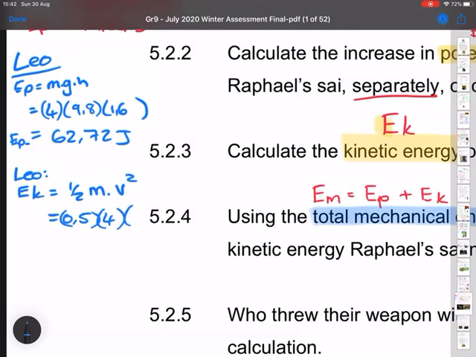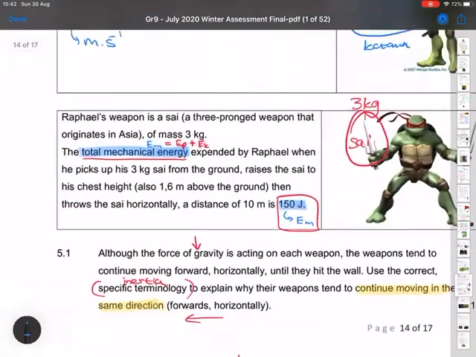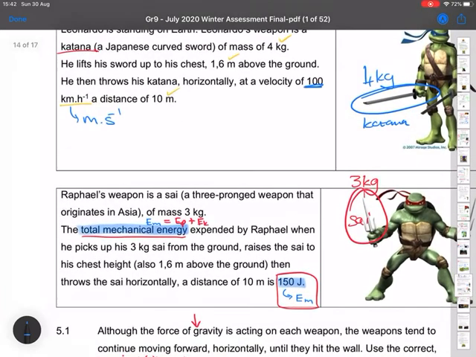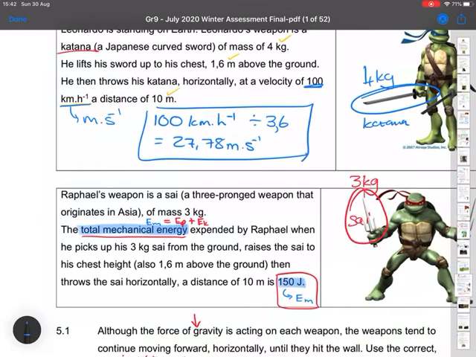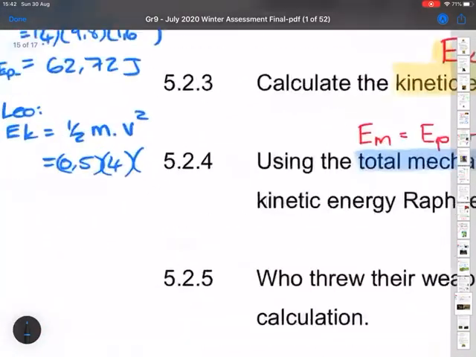And velocity was 100 kilometers per hour. You need to convert that to meters per second. To do that, you need to divide by 3.6. And that will give you 27.78 meters per second. You have to show this calculation in order to get your mark for your conversion.